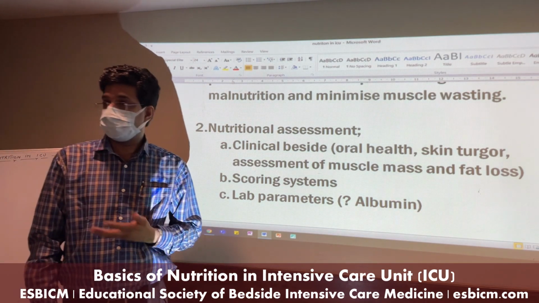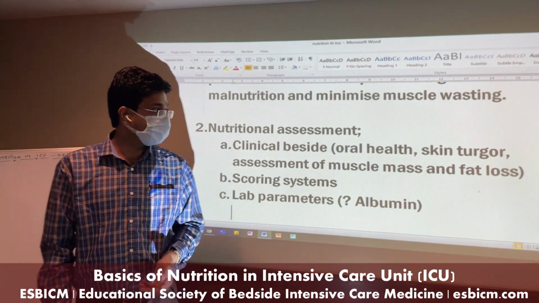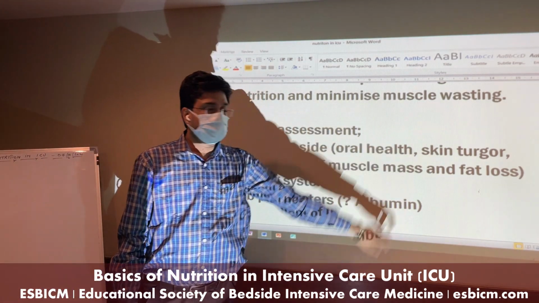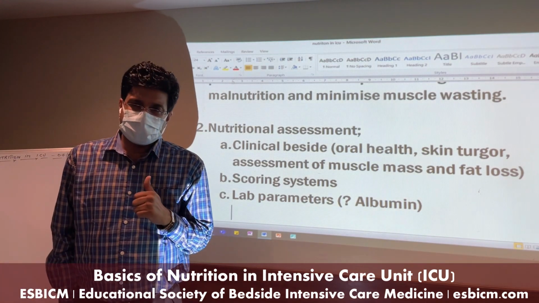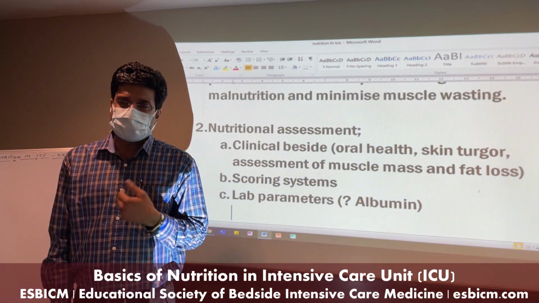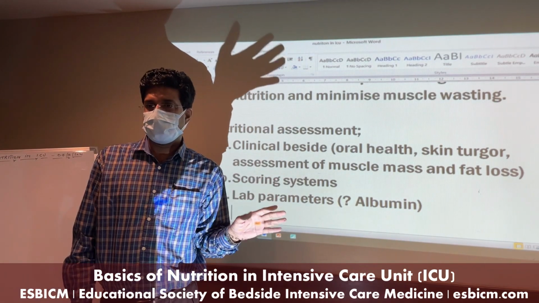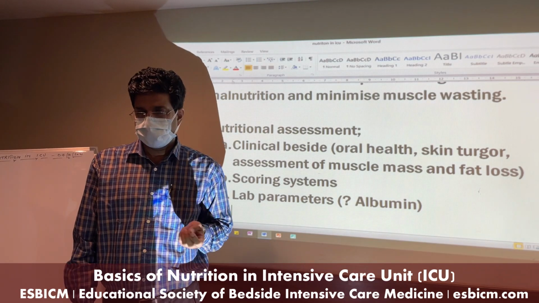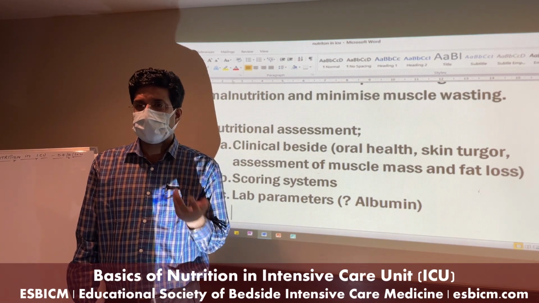Like neuro patients, they don't eat properly because they are dependent on others to feed them. Skin turgor can give you some idea, but it's not very reliable in cirrhotic patients, cardiac failure patients, renal patients. But at least if the skin turgor is low, meaning the skin is not very tight, the patient may be dehydrated.